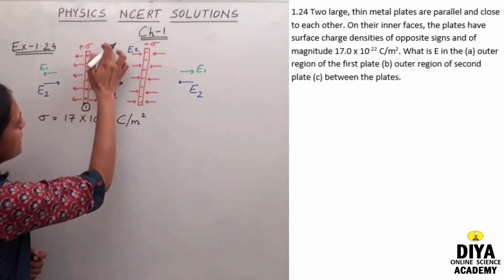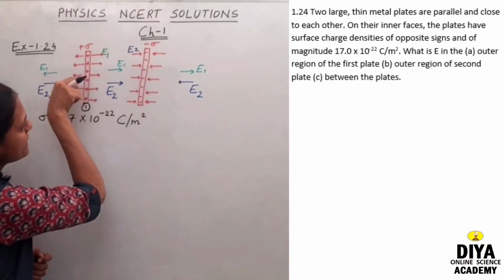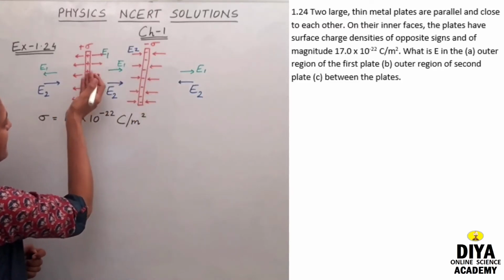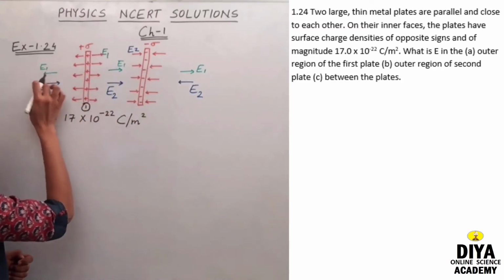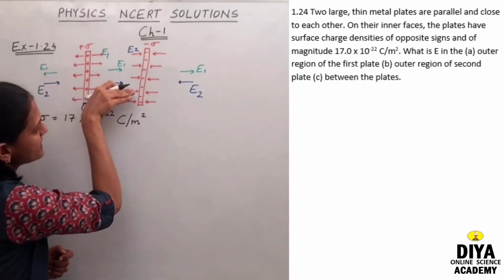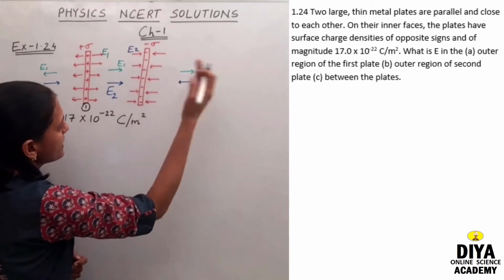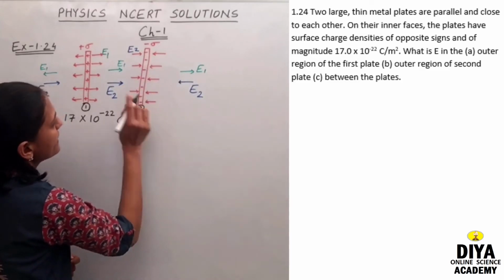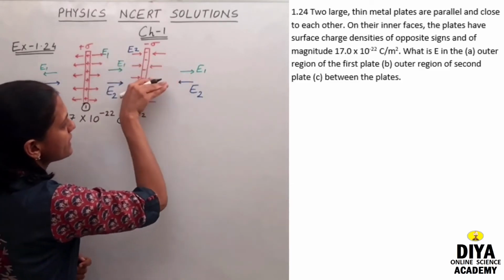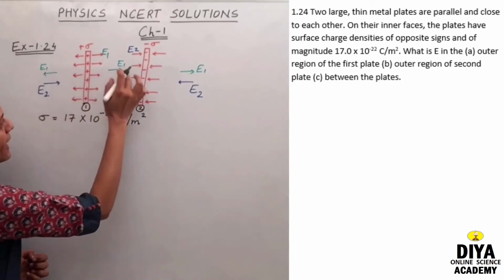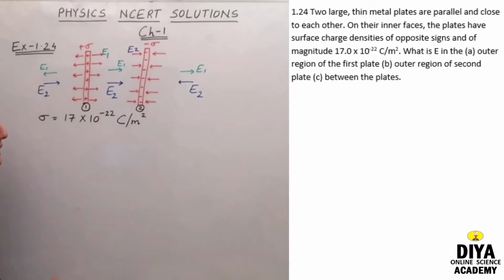So E1 in between the plates would be like this in this direction, and that on the left side would be in this direction. And if I extend it and look in this region, then on the right hand side of the second plate, that field would be in this direction, in the right direction, correct? So E1 at different regions would be like this.